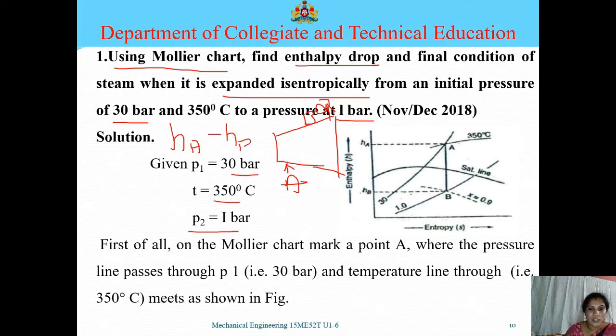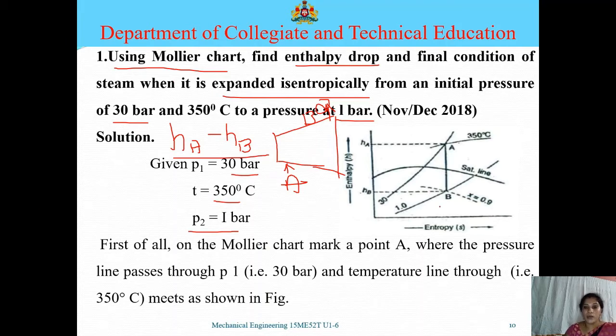This is what they have asked us to find in the problem by using a Mollier chart. We need to find the difference of the enthalpy at the initial condition and the enthalpy at the exit condition, by using a Mollier chart.